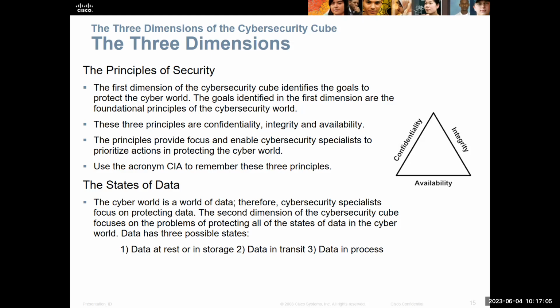And there is a different situation whereby data is at rest, meaning that the data is just stored in a storage device. When we say storage device, we are referring to IT devices that allow us to store data temporarily or permanently.